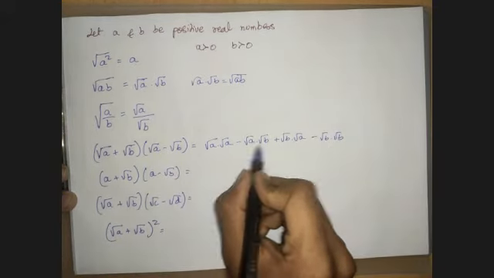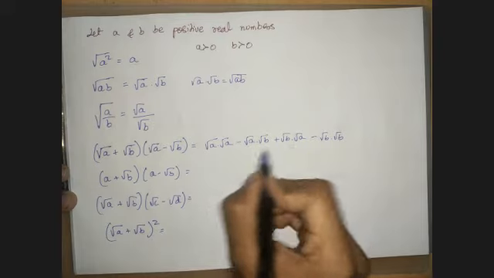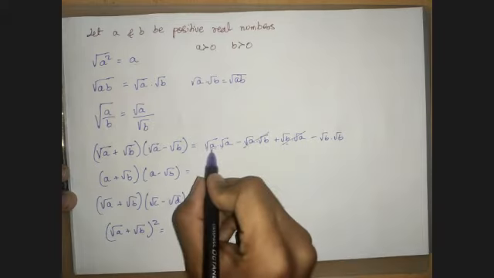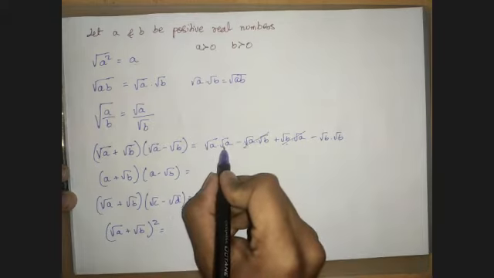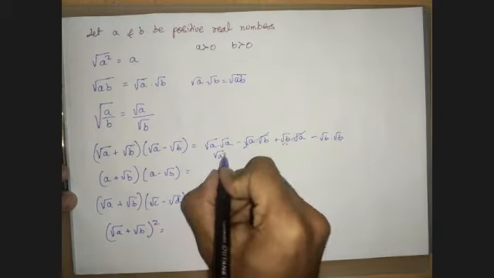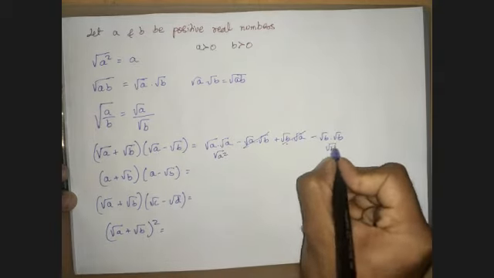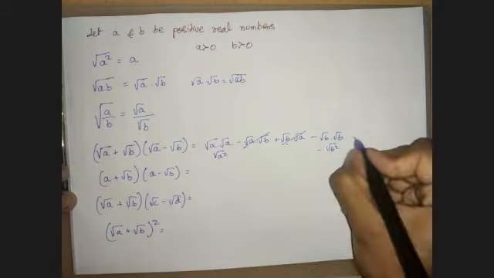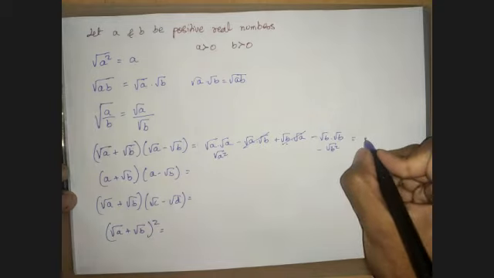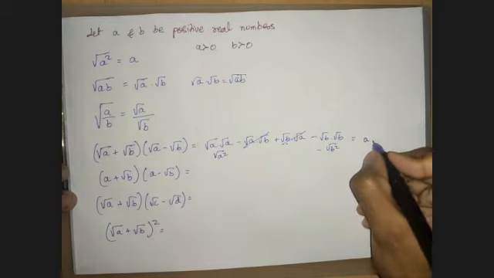If I look at this, root a into b or root b into a, both are same. So these get cancelled. Root a into root a is root a square, and root b into root b is root b square. So what do I get? I get a minus b.